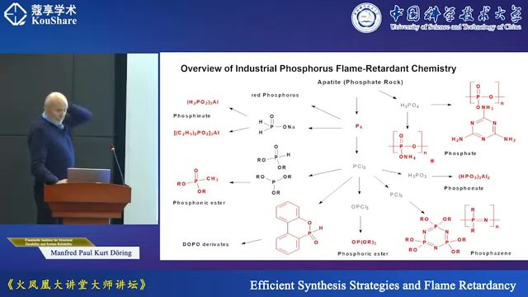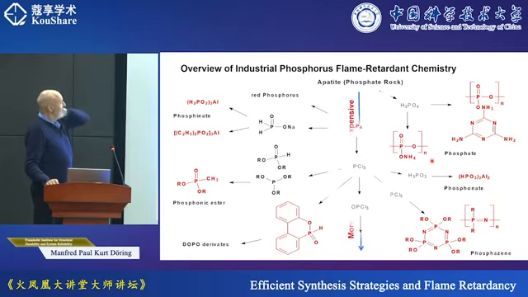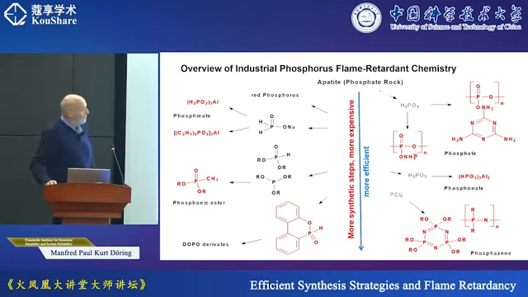But if we look at that one, we should realize the more synthetic steps mean more expensive flame retardants or more expensive substances. On the other hand, if these flame retardants are more efficient and you need a smaller amount, then of course it can be more expensive.